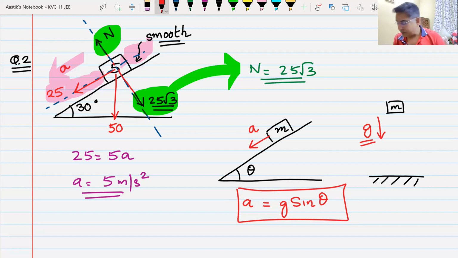Here also, if I put the value of theta as 90 degrees, this question becomes that question and the answer becomes g. Do we understand this? So if you understand one, you understand the second one.